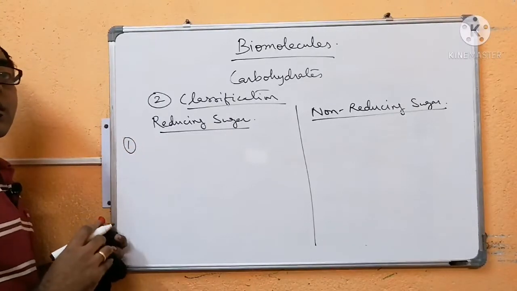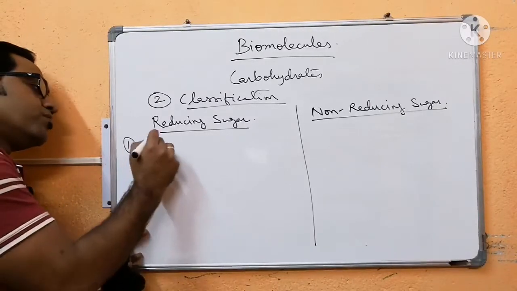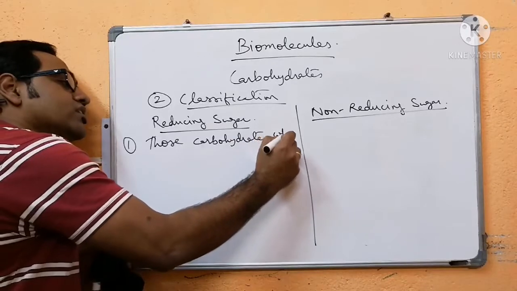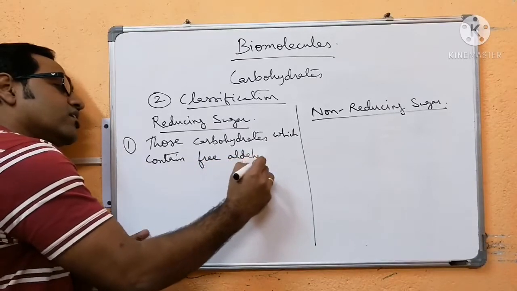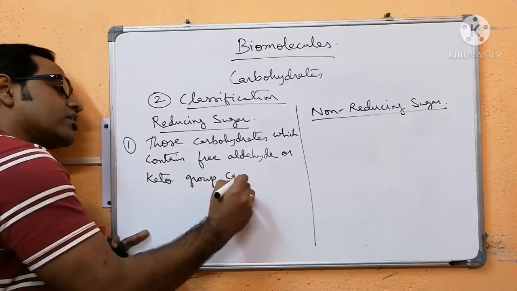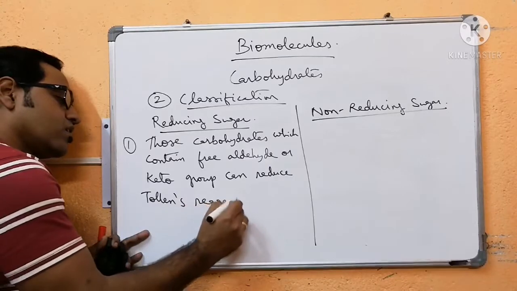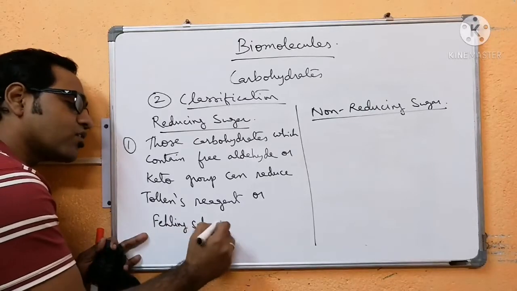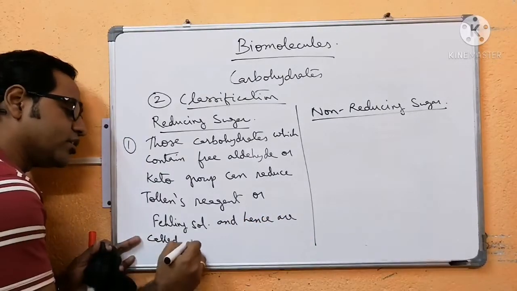Reducing sugar: those carbohydrates which contain free aldehyde or keto group can reduce Tollens reagent or Fehling's solution, and hence are called reducing sugar.